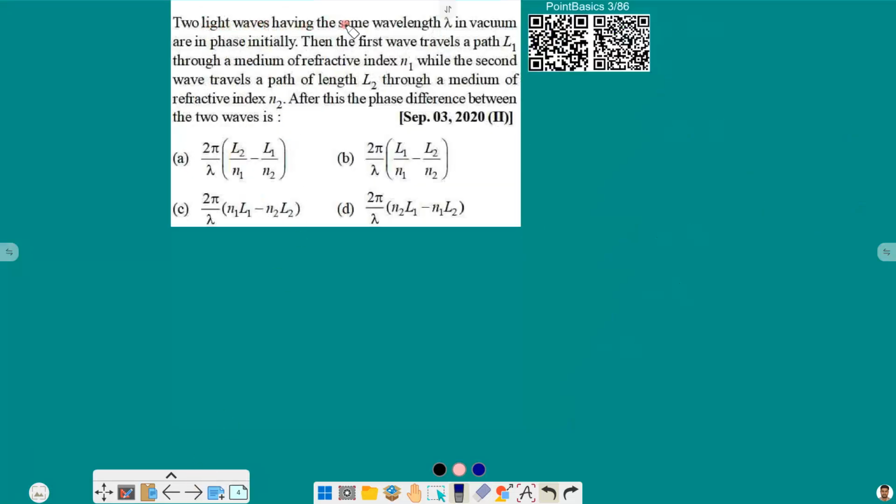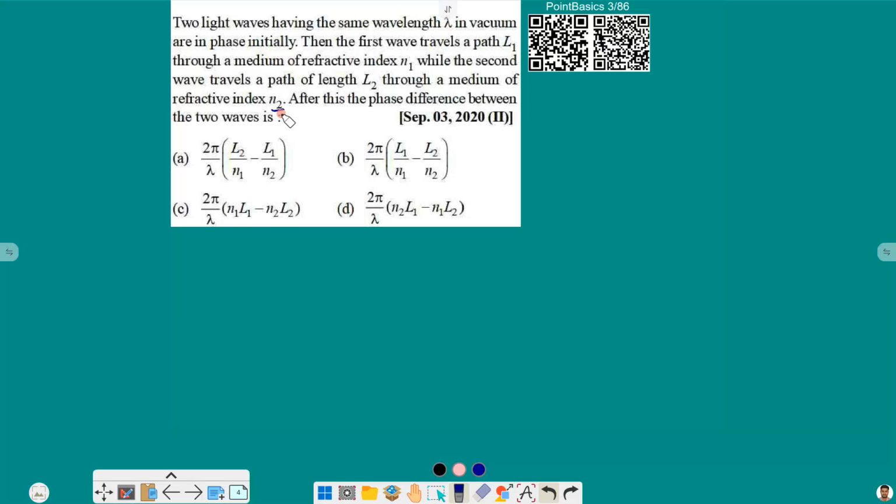Two light waves having the same wavelength lambda in vacuum are in phase initially. Then the first wave travels a path L1 through a medium of refractive index N1, while the second travels a path of length L2 through a medium of refractive index N2. After this, the phase difference between the two waves is?